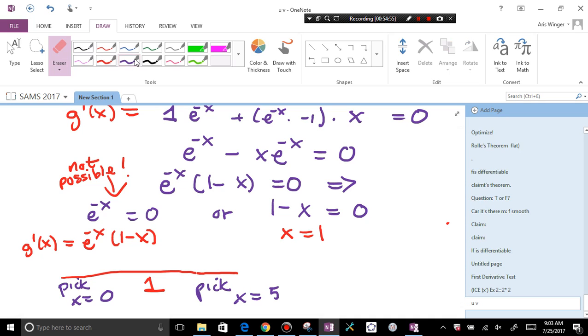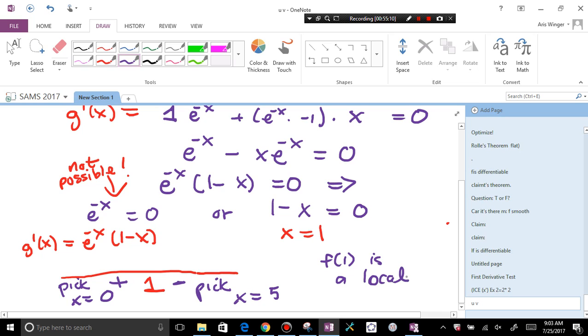Negative, positive. f of 1 is a local maximum. In this case, it's an absolute maximum, right? But we'll talk about that.